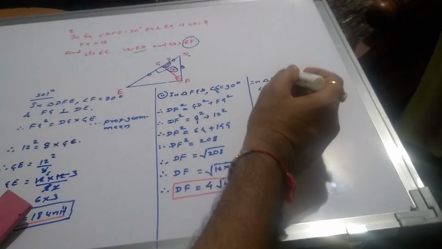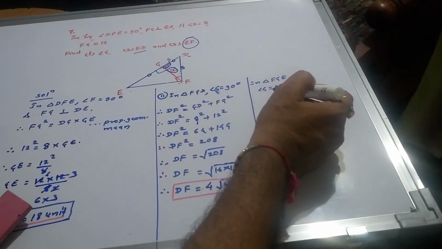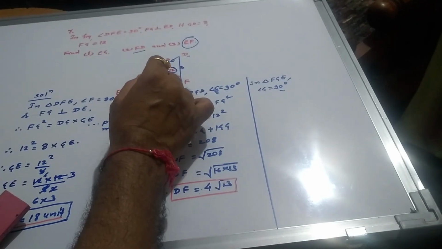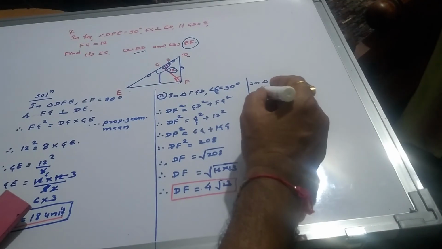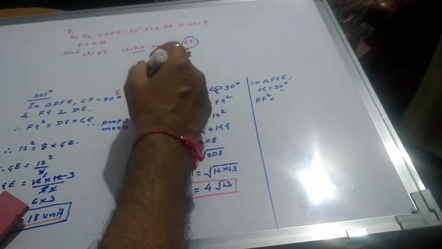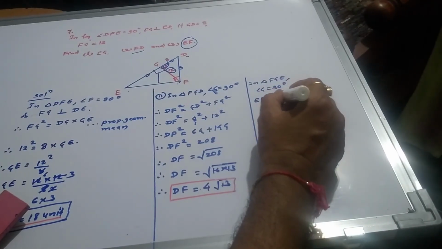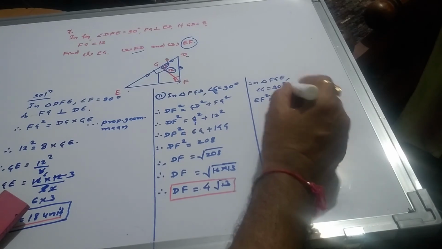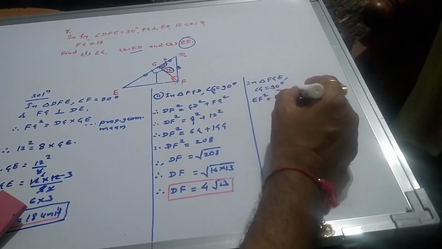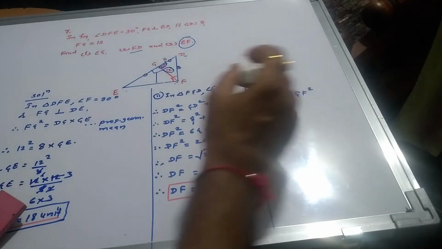Similarly in triangle FGE, angle G is 90 degree. Therefore again using Pythagoras. So what is hypotenuse? That is EF square is equal to GE square plus GF square.